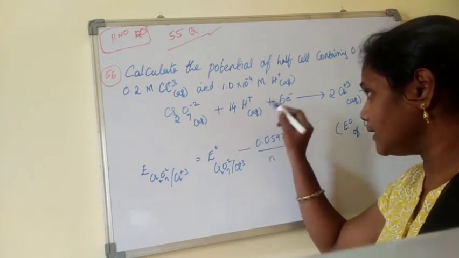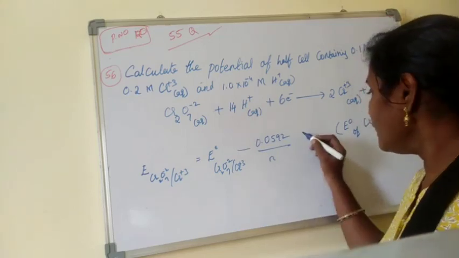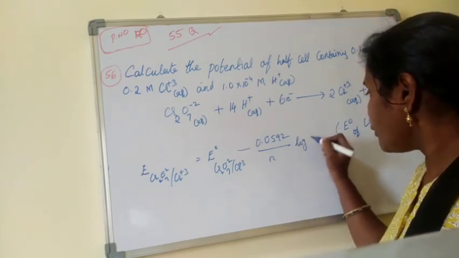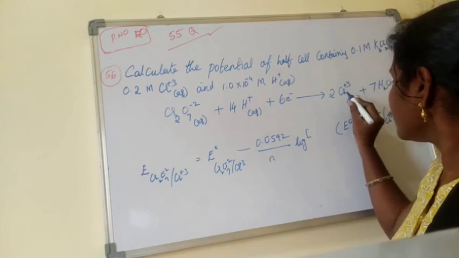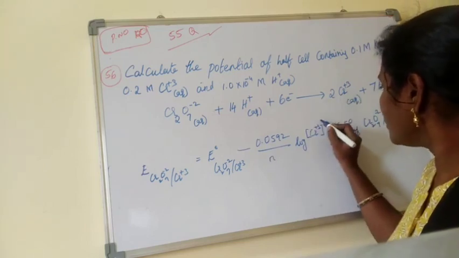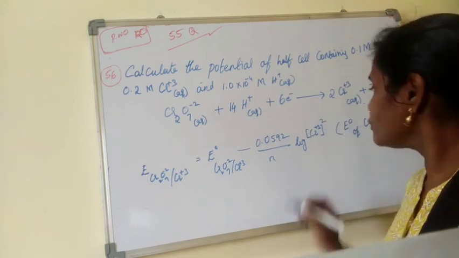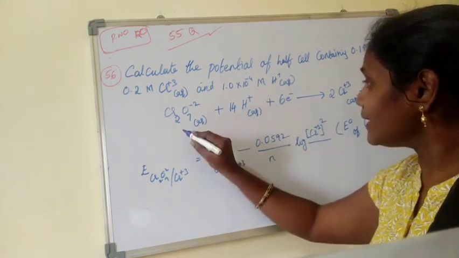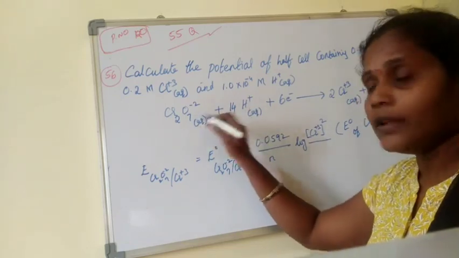Therefore, I have to calculate how many electrons are there. Then log of the products' concentration. What is the product here? Chromium plus 3, and the number of moles is 2, so I have to square it. Then, what are the reactants? These 2 are also reactants.